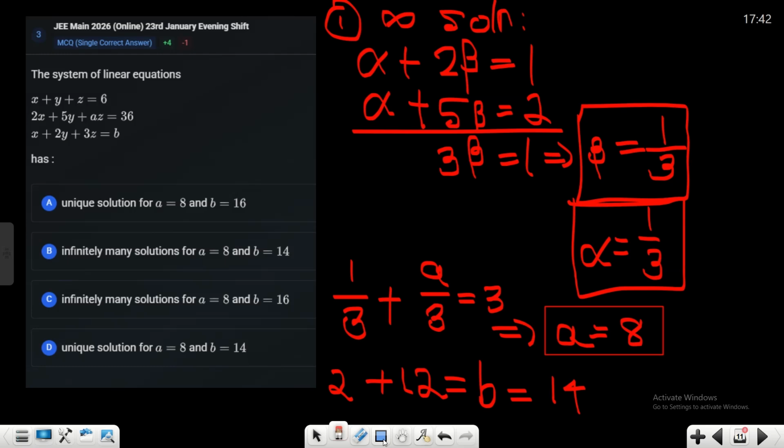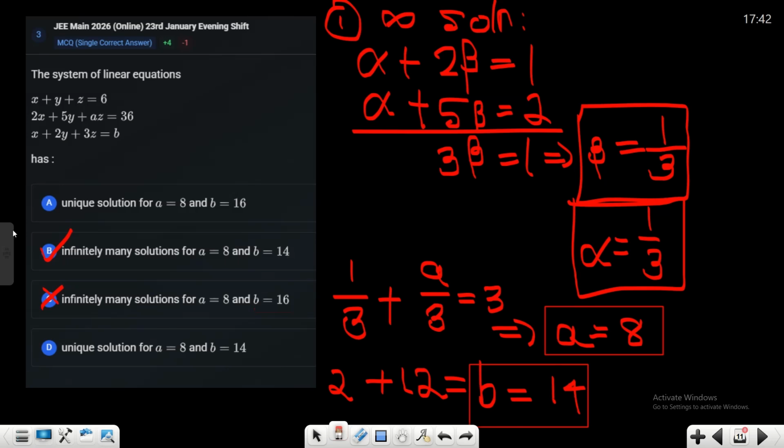So b is equal to 14. Since b is equal to 14, option B is correct and option C is wrong, because they are saying that b is equal to 16 for infinitely many solutions, which is wrong. It has to be 14.